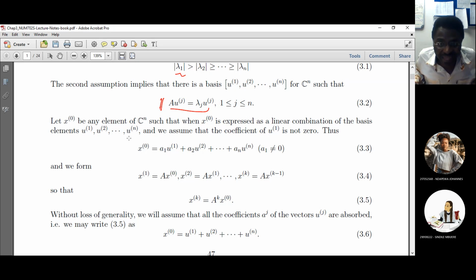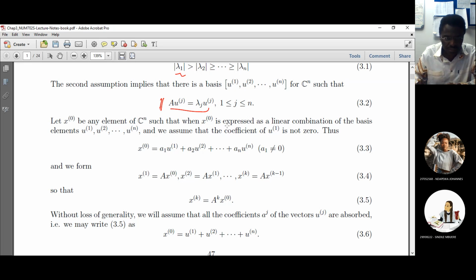If you are in an n-dimensional space, a vector can be written as a linear combination of the elements of the basis. So if the dimension of the space is n, then you will find n linearly independent vectors by which any vector can be written as a linear combination, right?